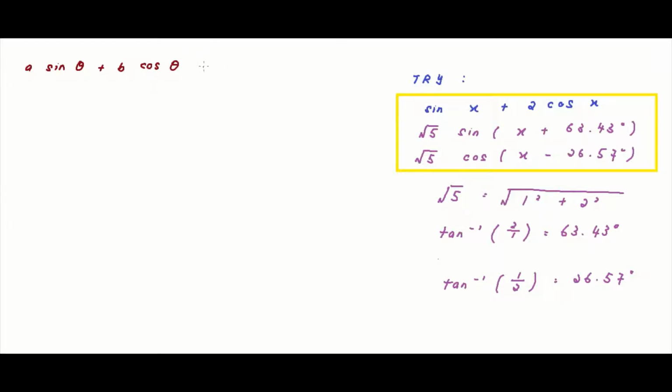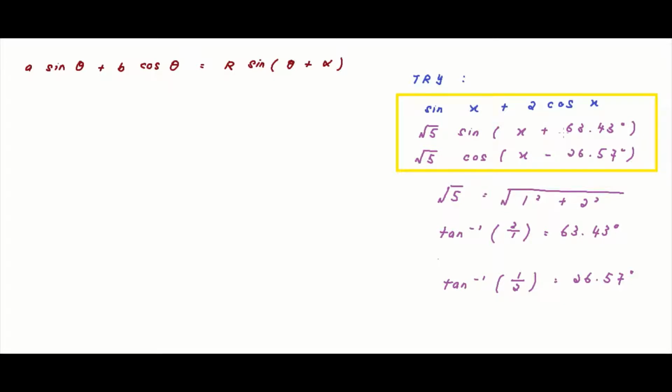Then it can always change into a function of r, a constant, times sine of theta plus an angle. So what we did just now is to find the r and the angle.